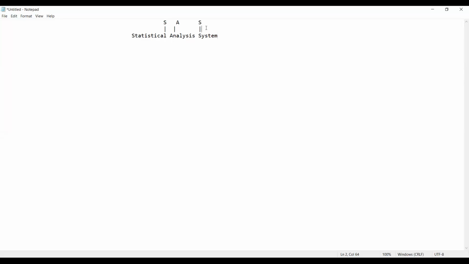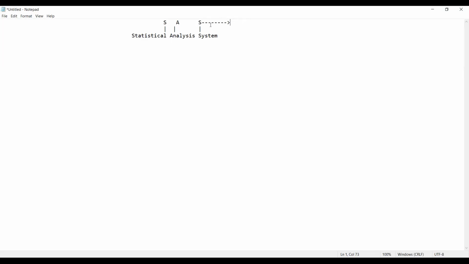At that time it was not called statistical analysis system. The author and the SAS Incorporation named it as system and software, etc., whereas all those names were made null and void.